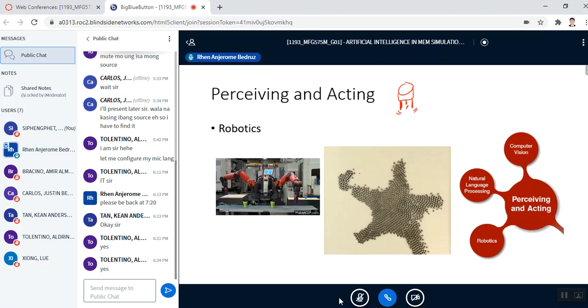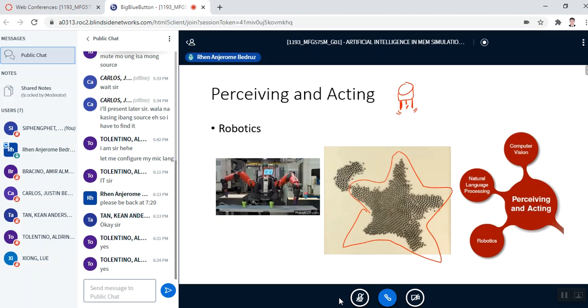Now, swarm robotics is that each pod could see the other pods. Since I have a lot of pods, in this case they programmed this to mimic a star-shaped pattern.